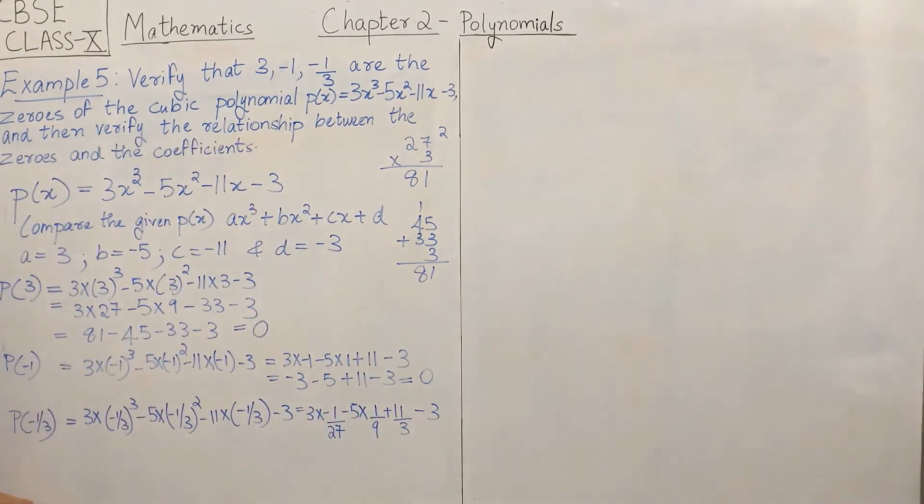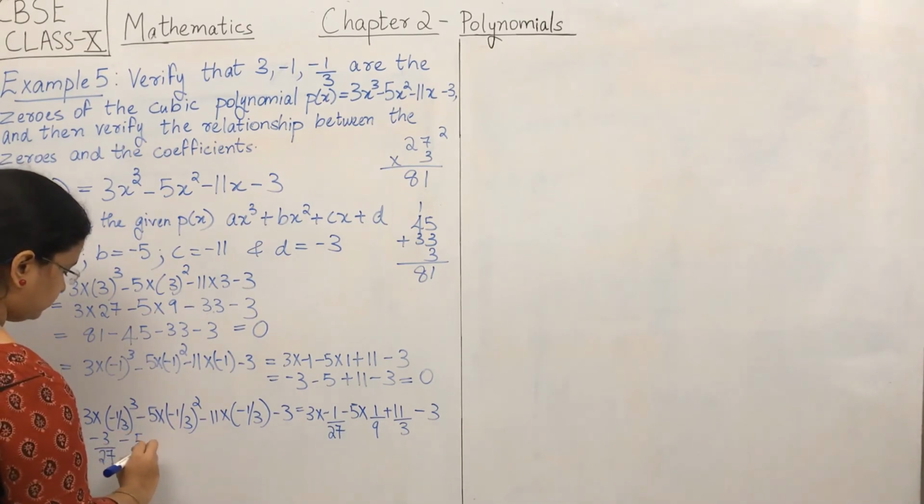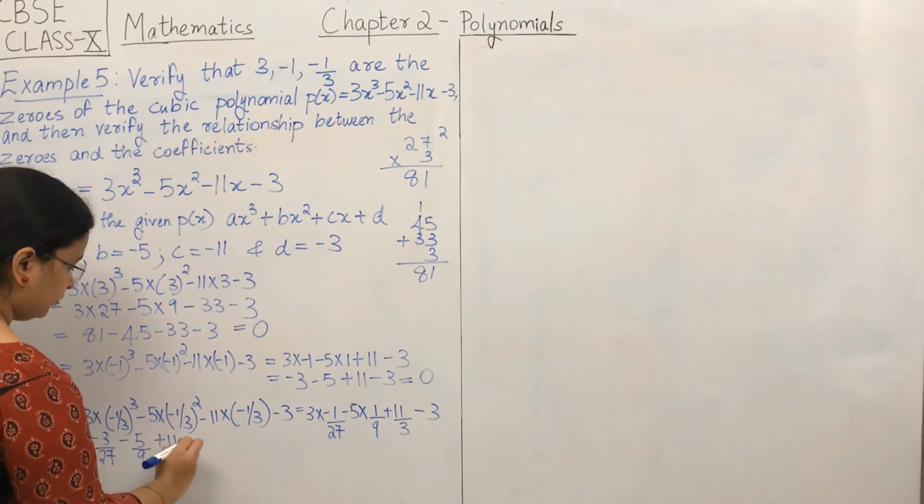Now again 3 into minus 3 by 27, minus 5 by 9, plus 11 by 3 minus 3.